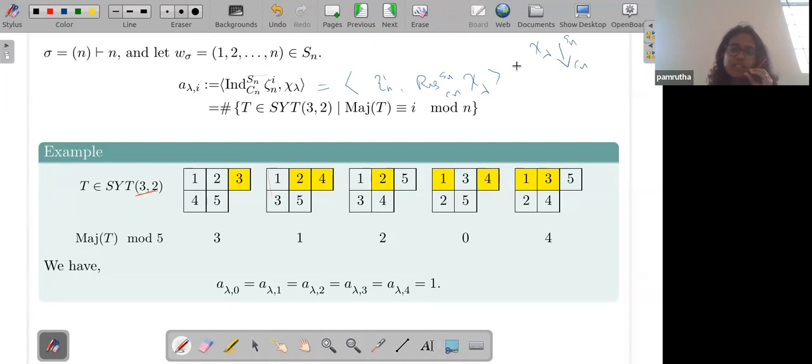In this particular example, with the partition 3, 2, when I restrict it, it is simply the direct sum of all the irreducible representations of the cyclic group generated by the n-cycle, where each irreducible character appears exactly one time. I hope this is clear.